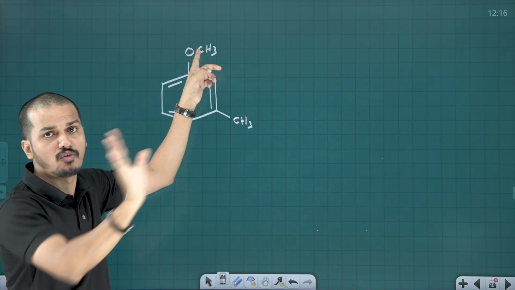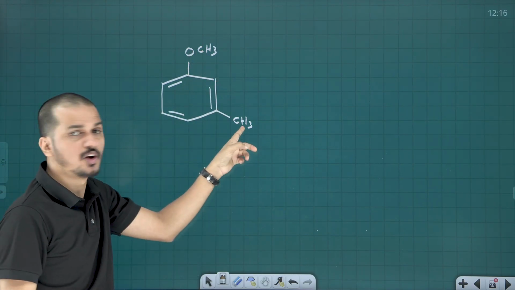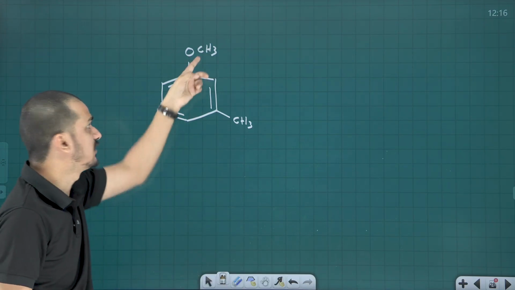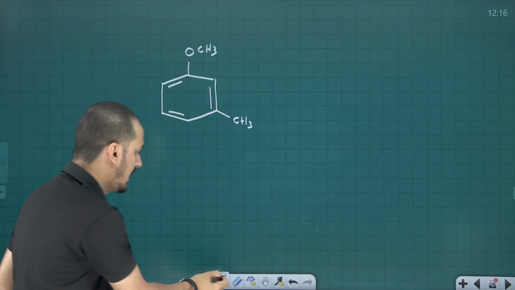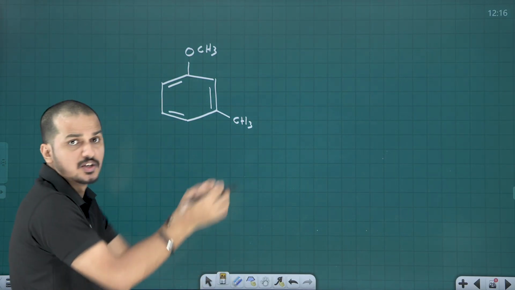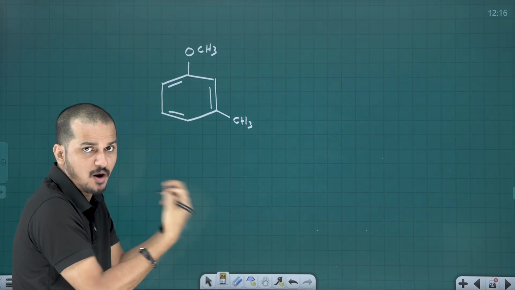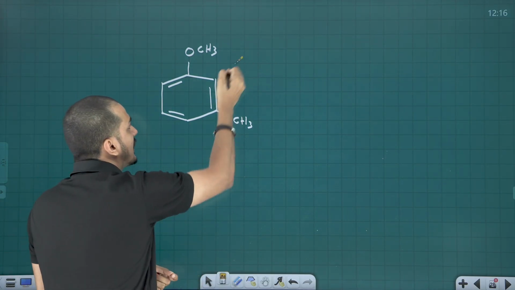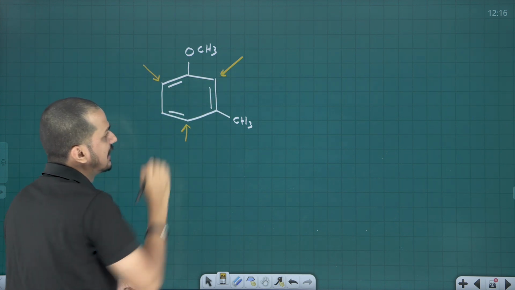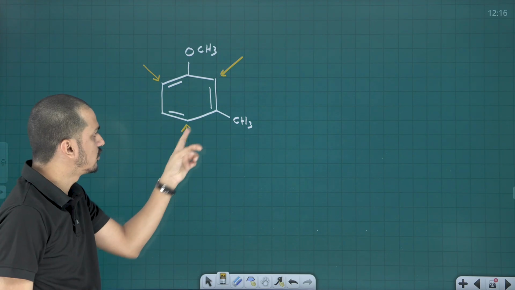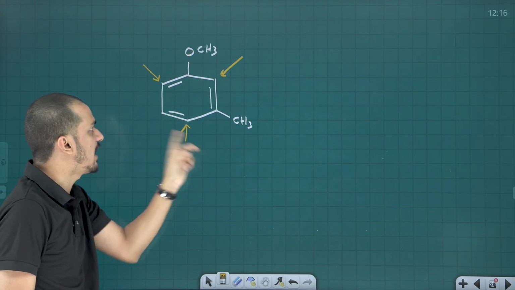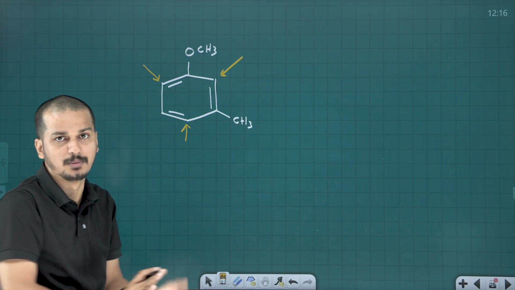This will donate because of plus R effect, this will donate because of positive hyperconjugation effect. Out of that, plus R effect is more powerful. Anyhow, both are ortho-para-directive. So the electrophile bromine plus can come here, or here, or here. Either ortho position, or else the other ortho position, or else para position. These are the position possibilities.